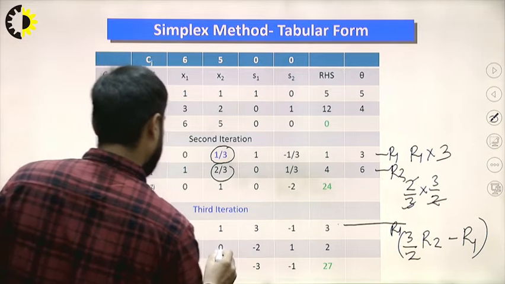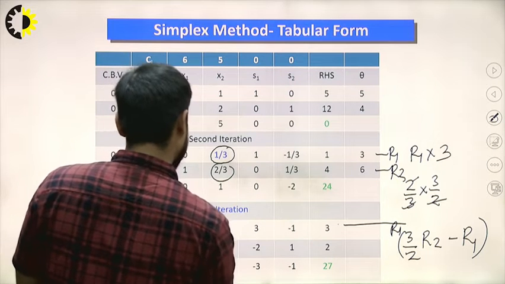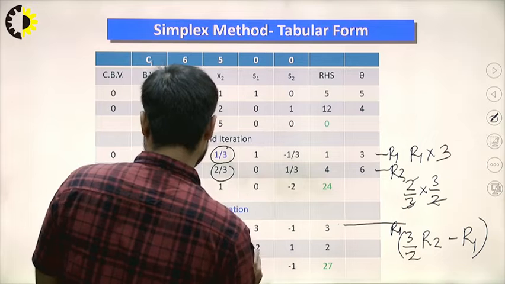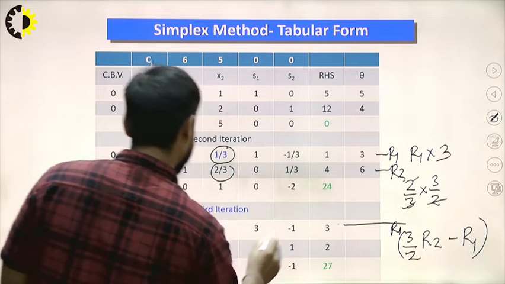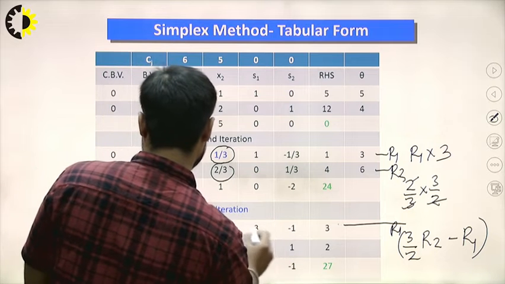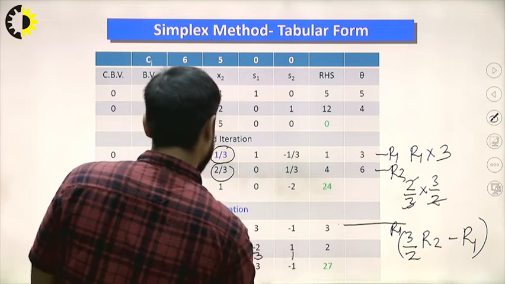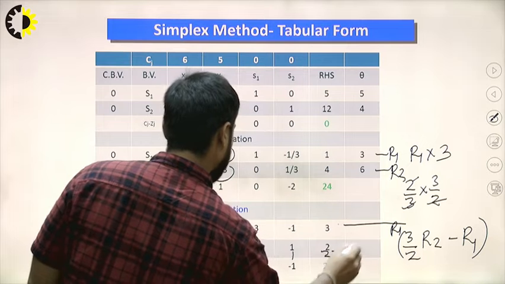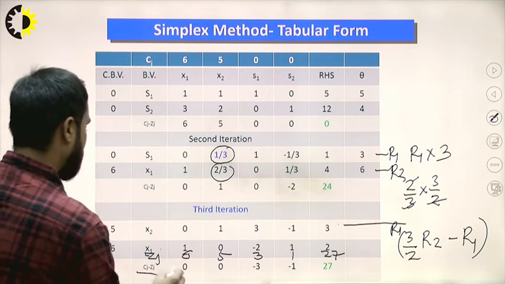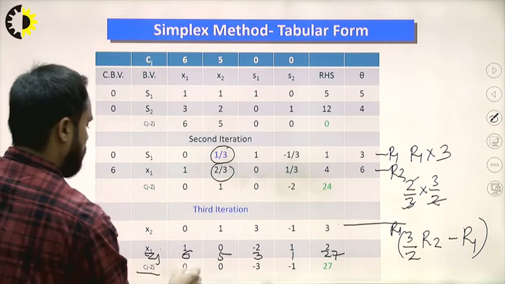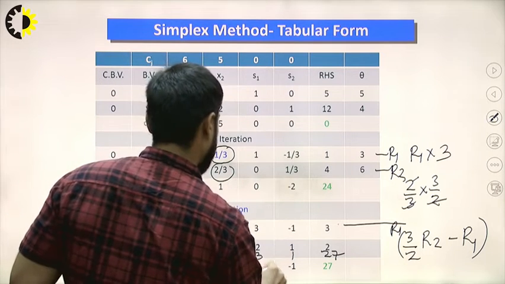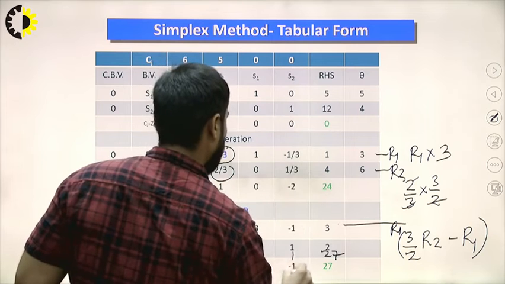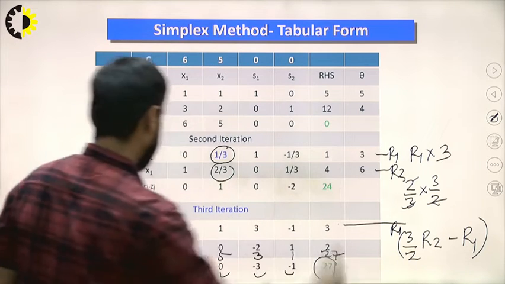Here 1 into 5 becomes 5, 3 into 5 is 15, 15 minus 12 becomes 3, and minus 5 plus 6 becomes plus 1, and Z becomes 27. And Cj minus Zj: 6 minus 6 is 0, 5 minus 5 is 0, 0 minus 3 is minus 3, 0 minus 1 is minus 1, and Z is 27.